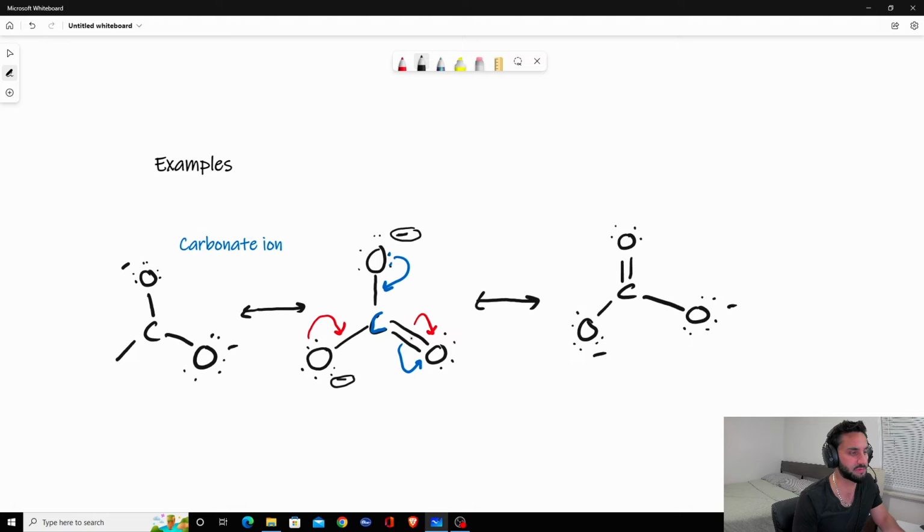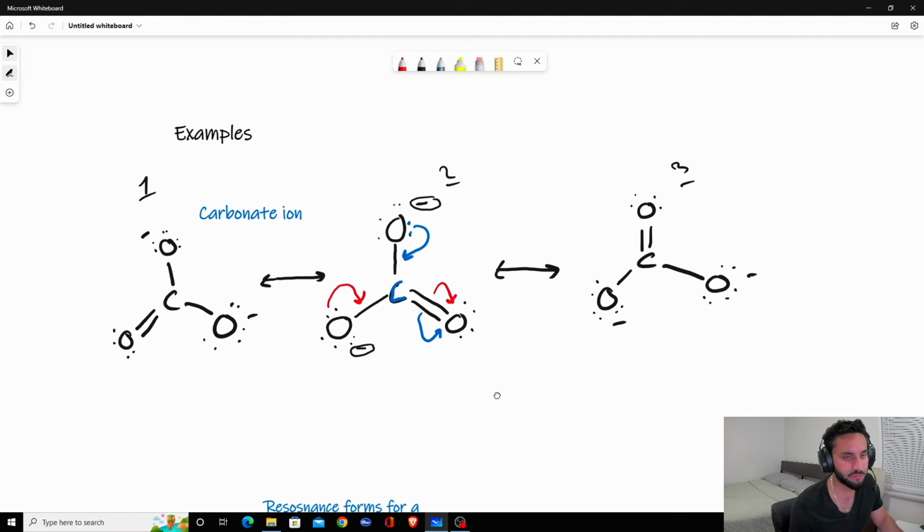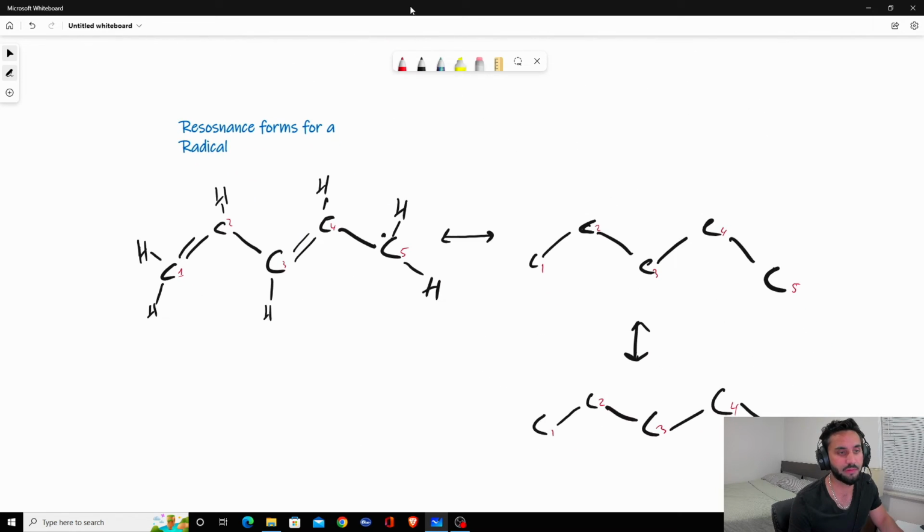But this oxygen now has a double bond with 2 pairs of electrons. So we can see that here's the 1st, 2nd, and 3rd resonance structure for a carbonate ion. So there are 3 resonance structures for a carbonate ion. Alright, so let's move on to a few other examples.